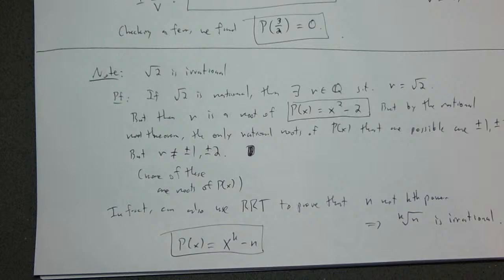So if you want to prove the equivalent statement, that if it is a perfect kth power, it is a root of this thing, you can just look at the potential rational roots and find that you're going to get exactly what you want. So that if this is rational, then it must be a perfect kth power. That's another way of saying it. Okay.